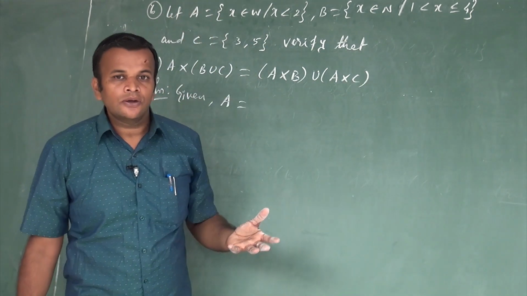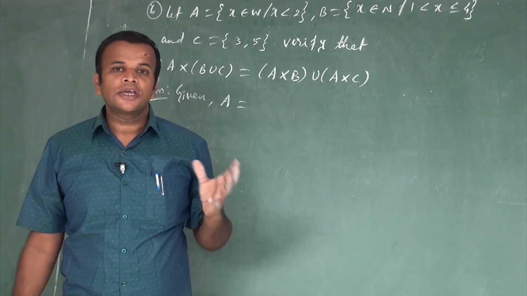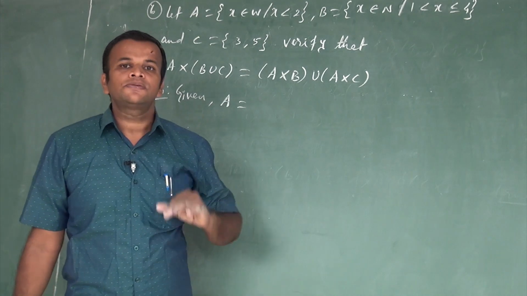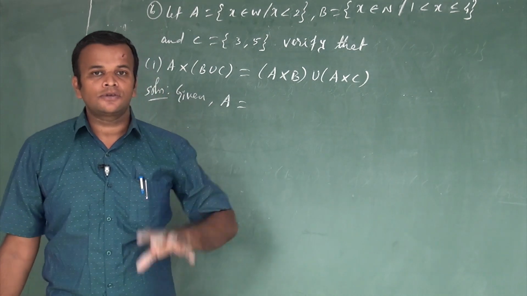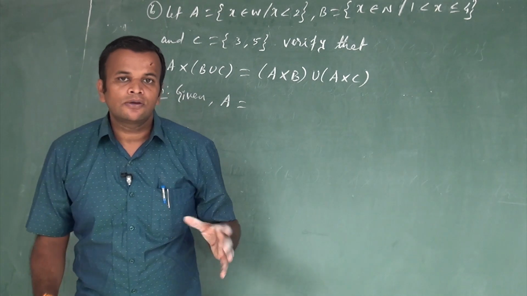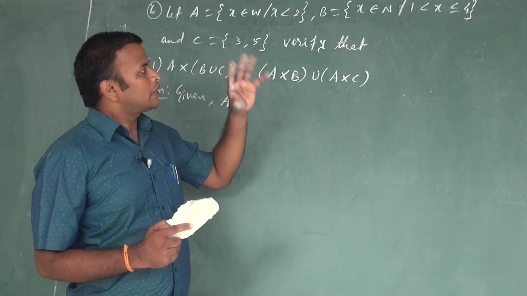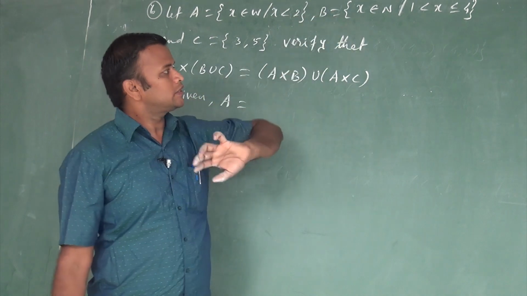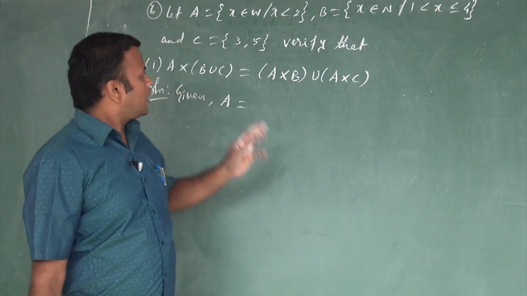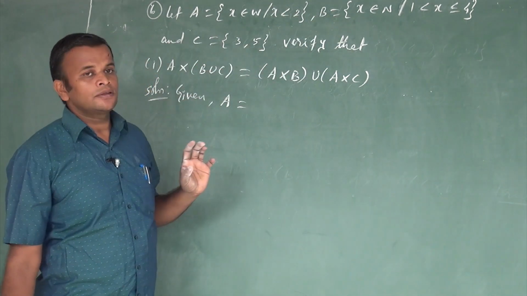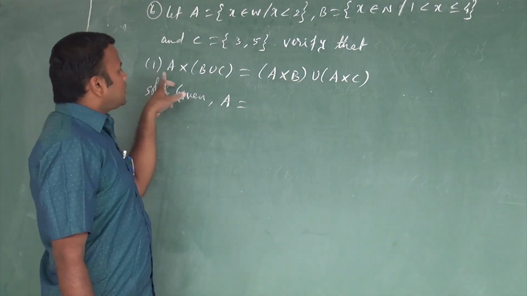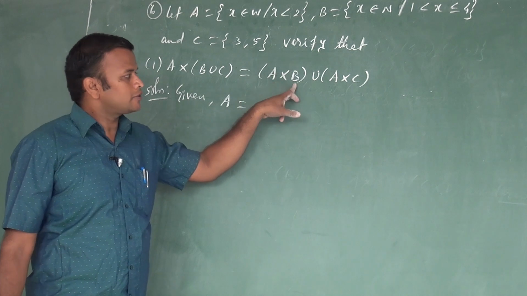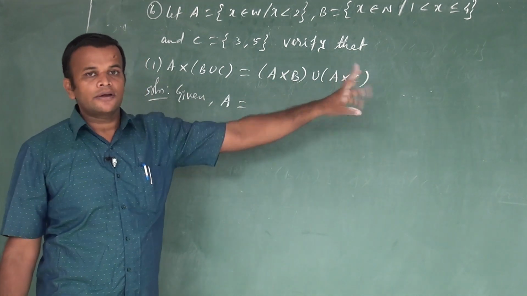In the previous video we already explained, if any one of the sets is not in roster form, first we convert the given set into roster form, because in roster form all elements appear directly. So the first step is to convert the given two sets into roster form, and the set C is given as {3, 5}. Now to verify, A cross (B union C) is equal to (A cross B) union (A cross C).